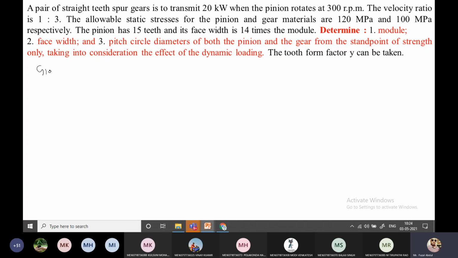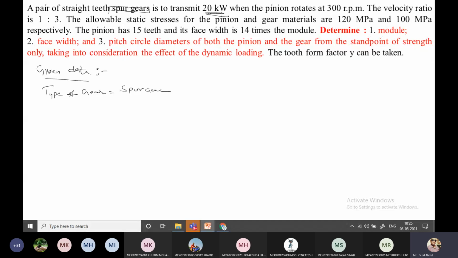So given data, what is given here? Pair of straight teeth spur gear. See here again spur gear is given, so type of gear is spur gear, to transmit 20 kilowatts.